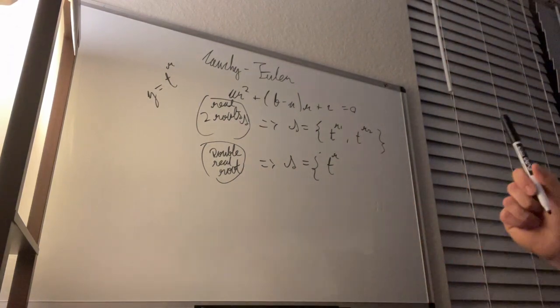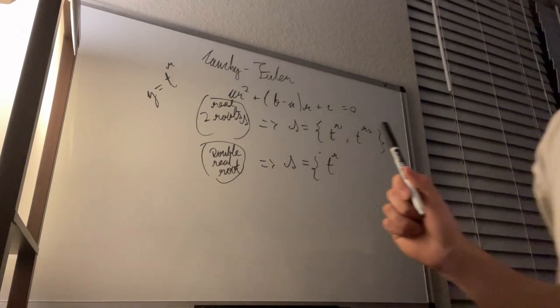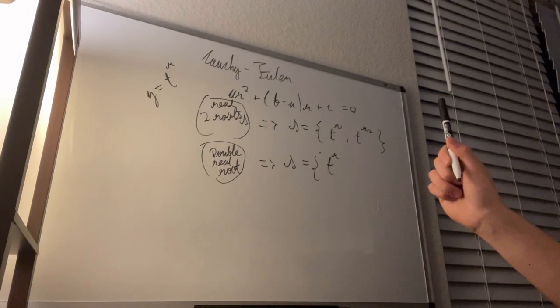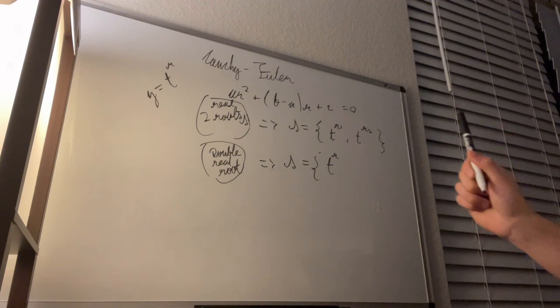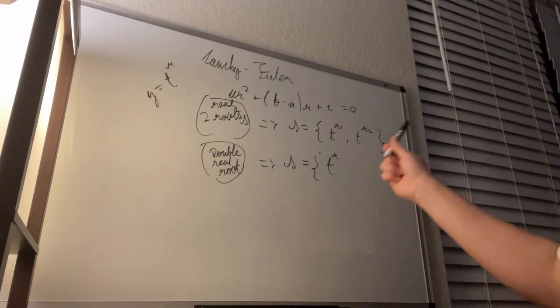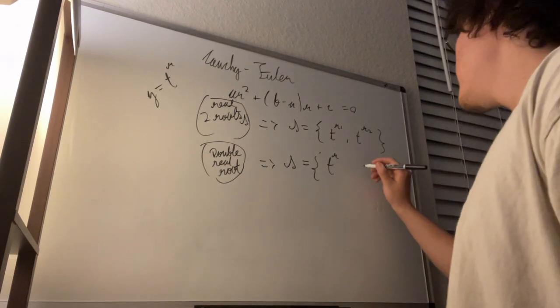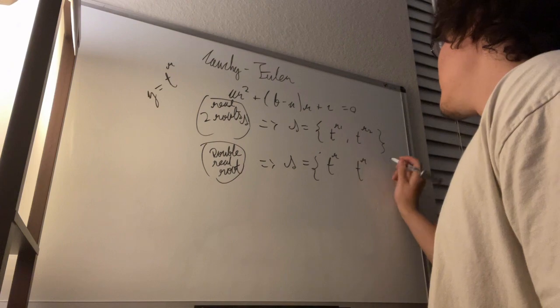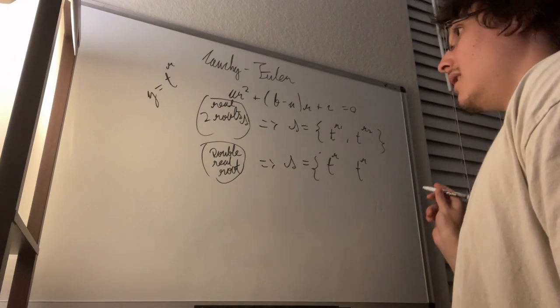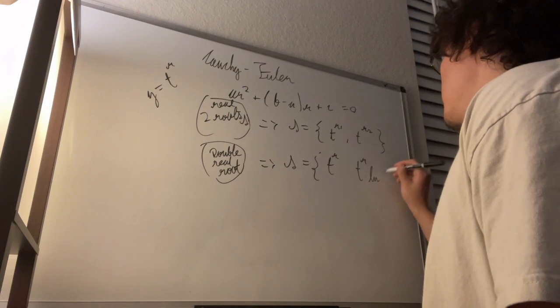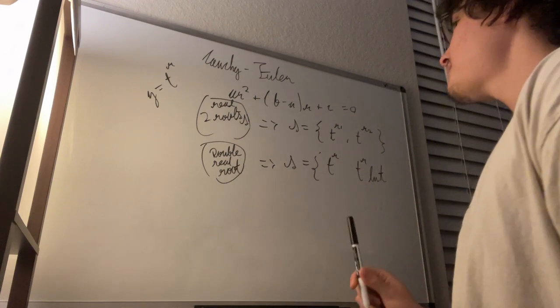And remember what we did for the previous scenario, the associated auxiliary equation for the constant coefficient second order linear homogeneous equation. We just put a t in front of that e to the power of rt. We're going to do the same, but we are going to multiply by log of t. So the second solution is going to be t to the power of r times log of t.